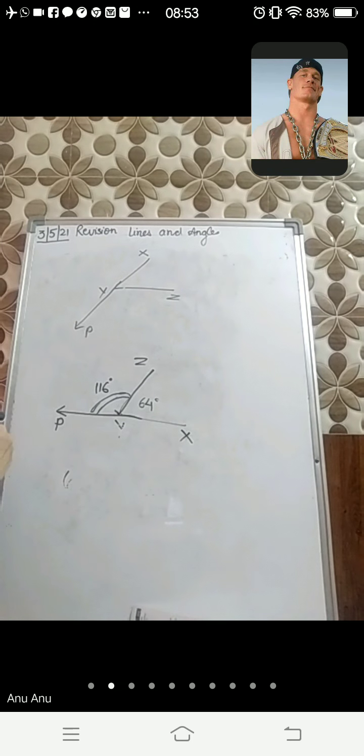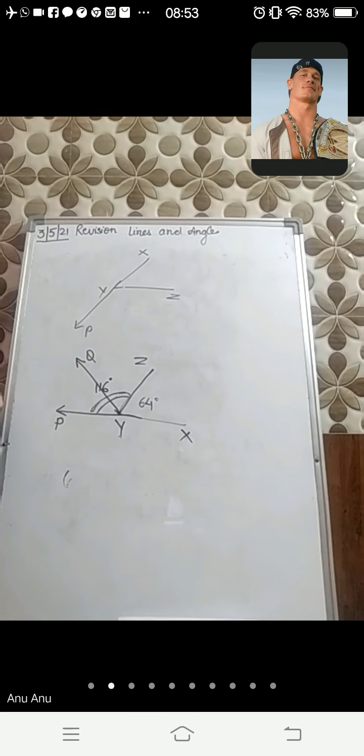One angle is 64 and the other angle you will get by subtracting 64 from 180 because it is a linear pair. This angle is 116.